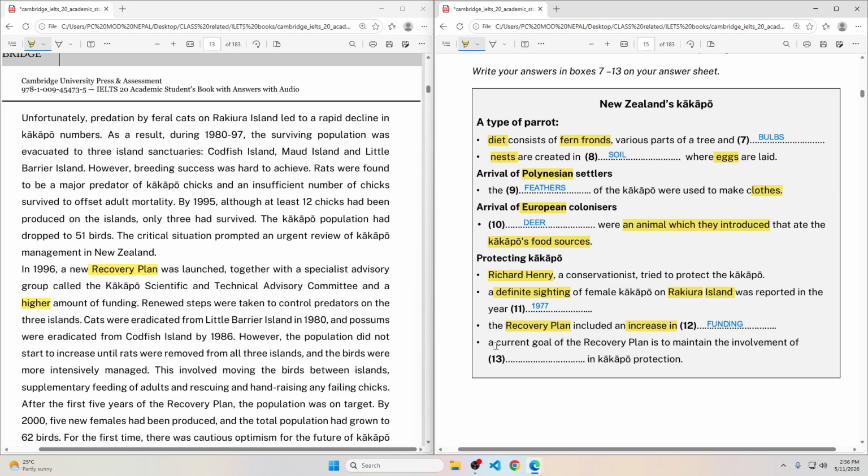Next, we are going to find a current goal of the recovery plan is to maintain the involvement in protection. So they are trying to maintain involvement of someone or something in the protection of this bird.